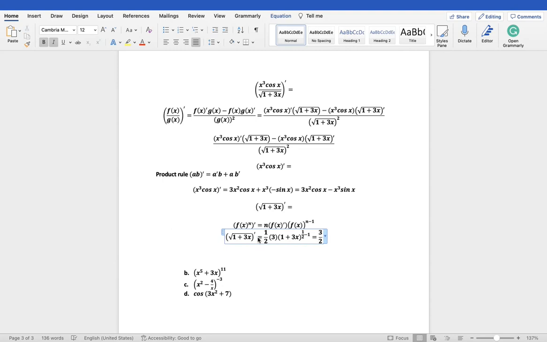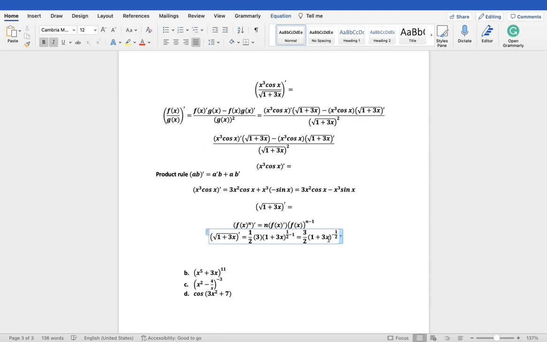And we can simplify that to be now 3/2 multiplied by 1 plus 3x to the minus 1/2. Right?